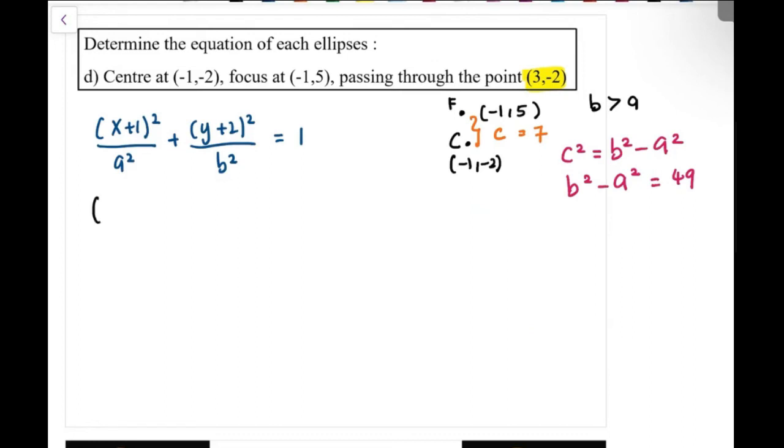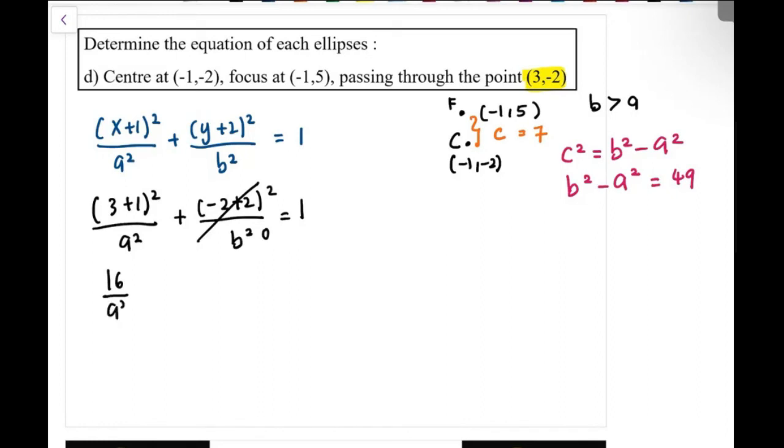So we would get 3 plus 1 squared over A squared plus negative 2 plus 2 squared over B squared equal to 1. Simplify this, we would obtain 16 over A squared equal to 1. So A squared is basically 16.